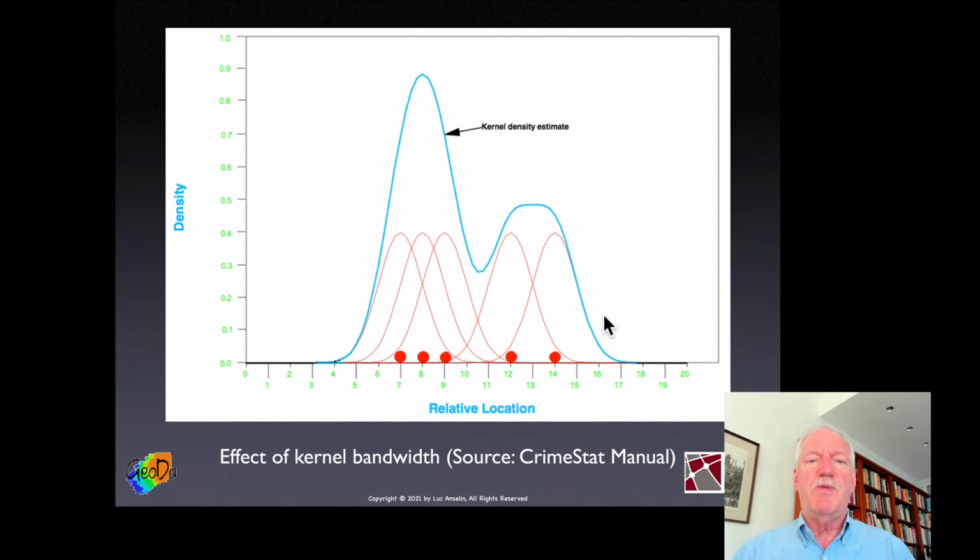So that's the principle of a kernel density function. You can think of it as a window average that assigns the sum of the events in the window to the point at which the window is centered.